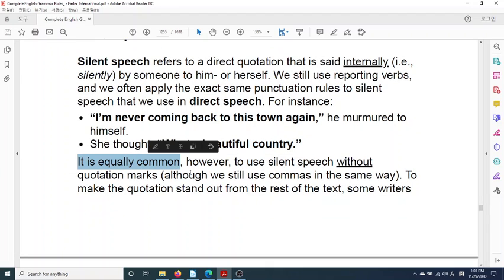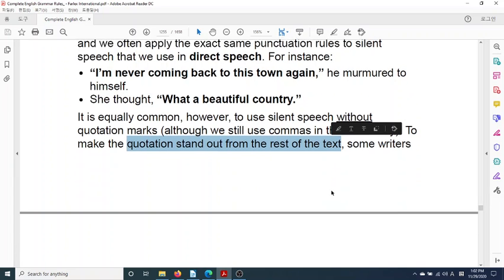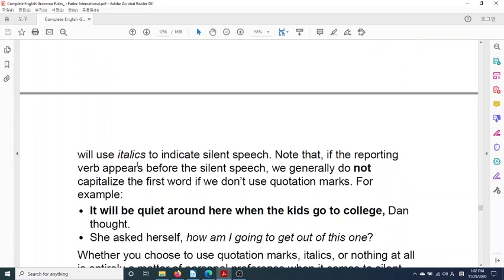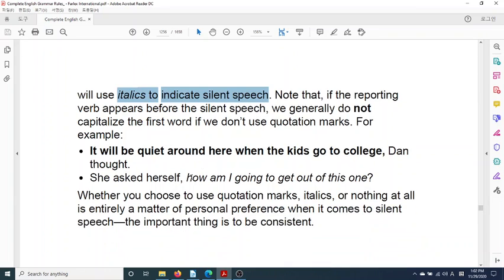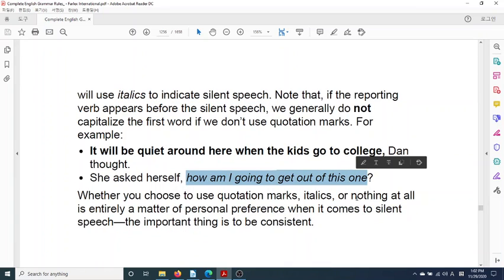It is equally common, however, to use silent speech without quotation marks. To make the question stand out from the rest of the text, some writers still use italics to indicate silent speech. So these are italics, right? When you slant the letters over, italicized.